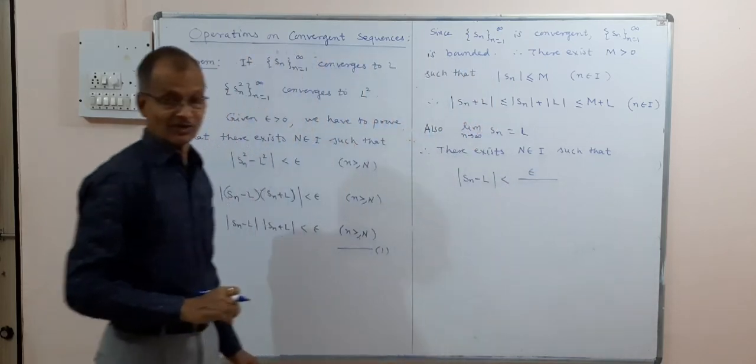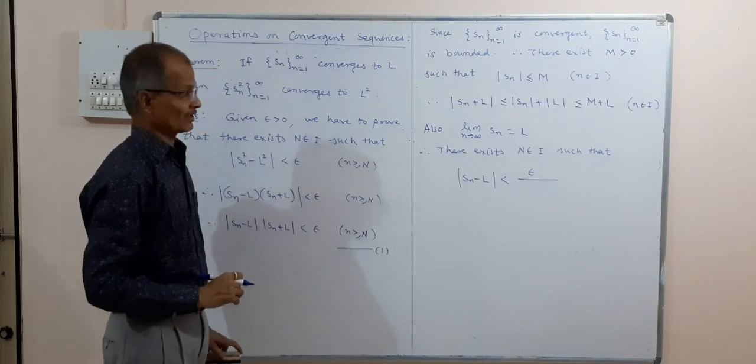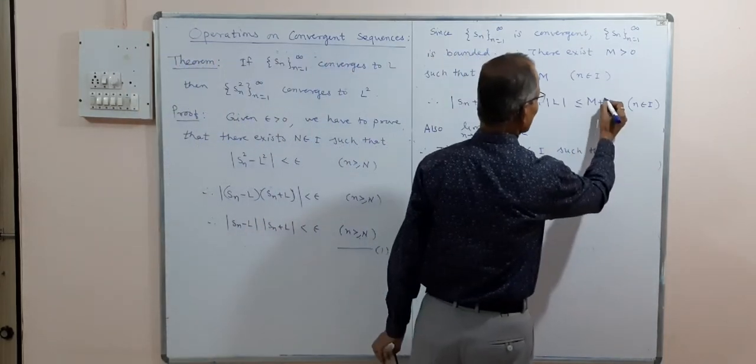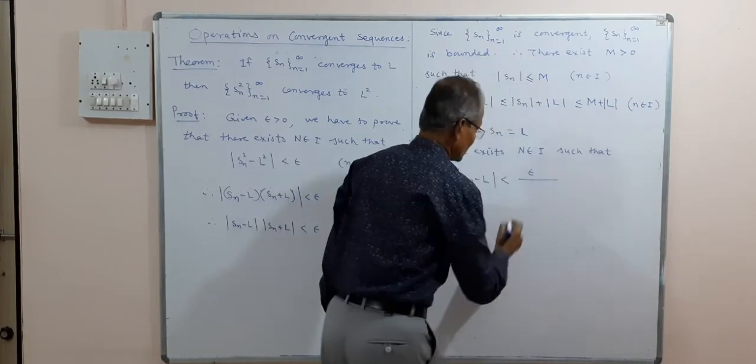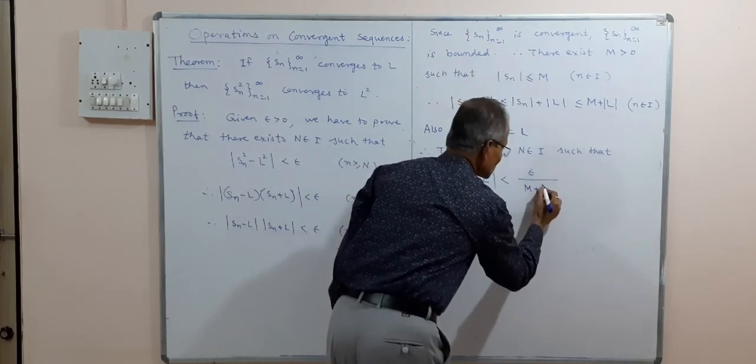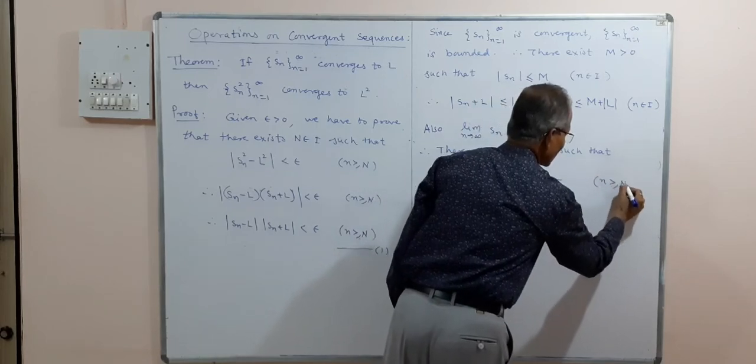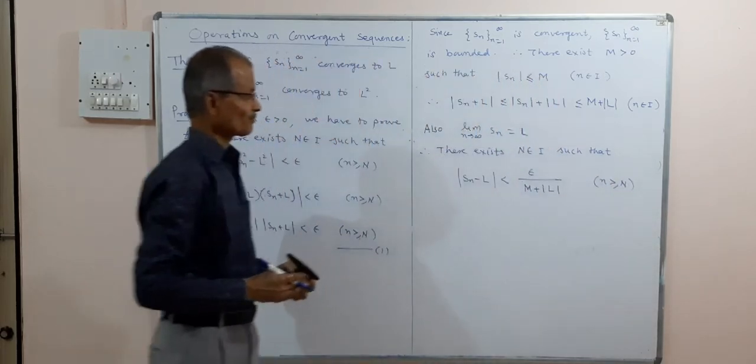Now epsilon we are taking at our choice. So instead of epsilon, we will consider epsilon divided by m plus mod of L. And this is true for n greater than or equal to N.